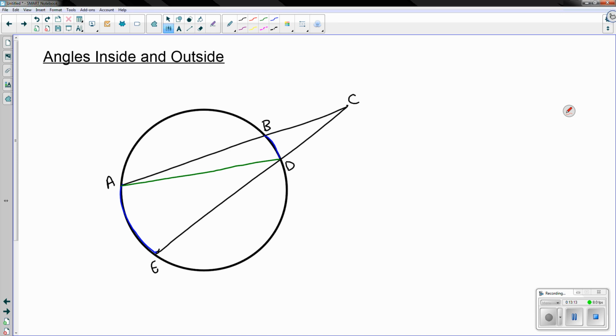So when I introduce the chord from A to D, what we now have is this angle 1. And angle 1 is an inscribed angle. I can see it's formed by 2 chords, AB and AD, and its vertex is on the circle. And I know that angle 1 is equal to half the measure of arc BD, or let's just call it BD over 2.